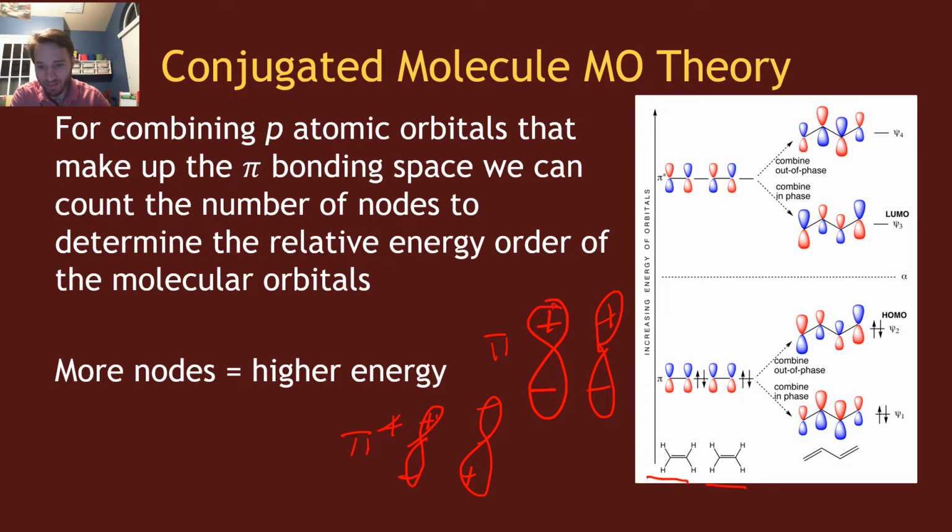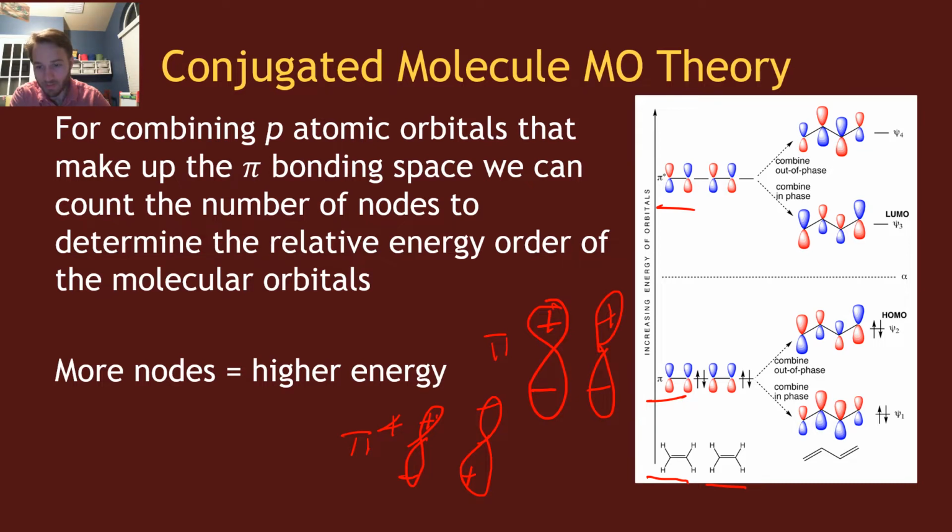for a given ethene, you have the pi bonding orbital and the pi anti-bonding orbital. I have two of those orbitals, and each ethene has two electrons in the pi space, so I just have the two electrons occupying the pi bonding orbital.